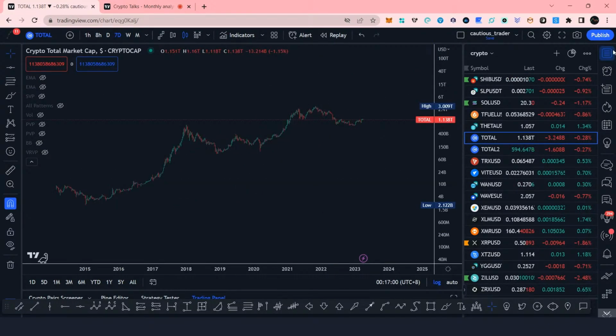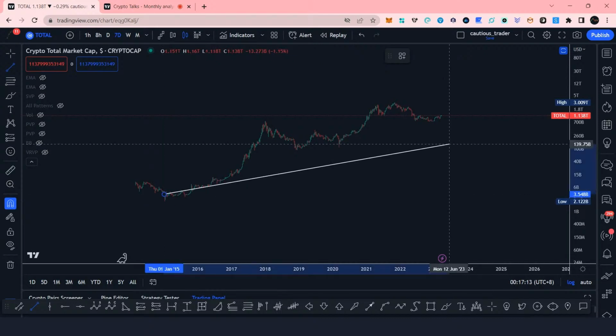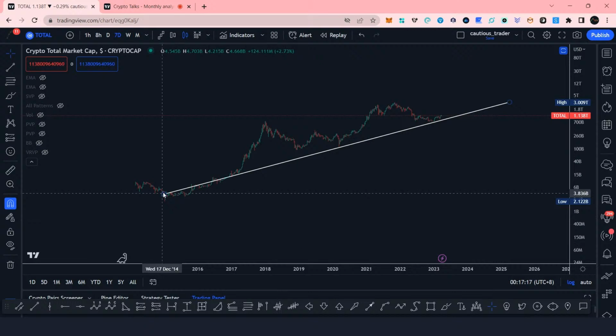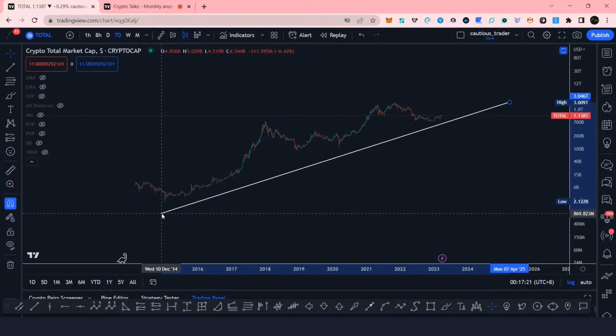Wait. Let's just check on the trend of the whole crypto market cap. Let me just arrange it a bit.